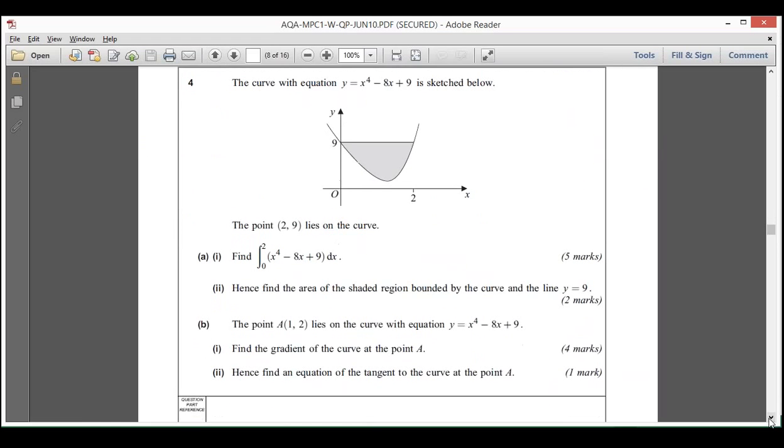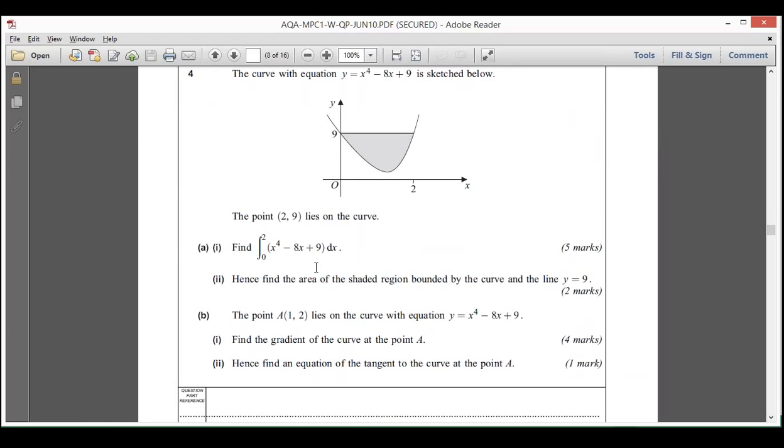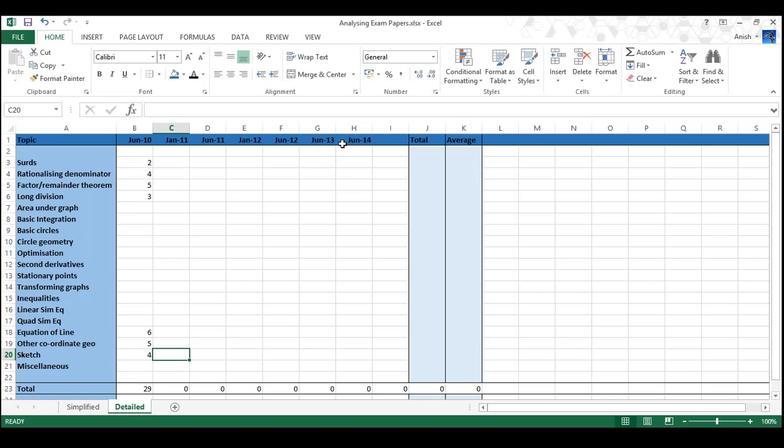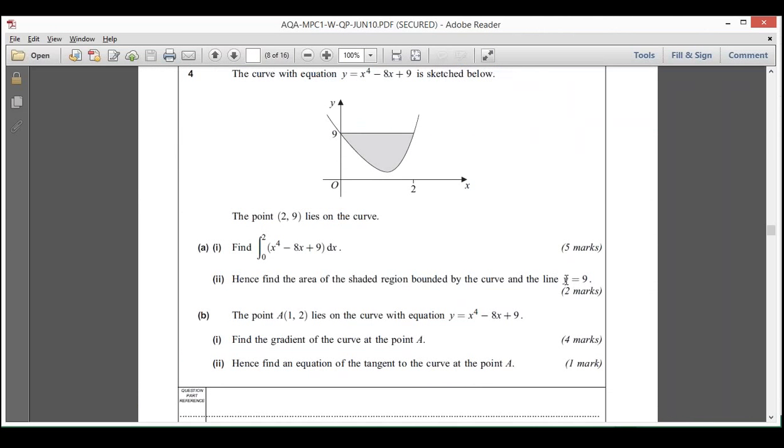Alright, so we've got integration, and then find the area shaded by the curve and the axes. Curve and line y equals 9. So I made area under graph and I did basic integration. You've got to use your own judgment here. Should I put 7 marks under area under the curve?